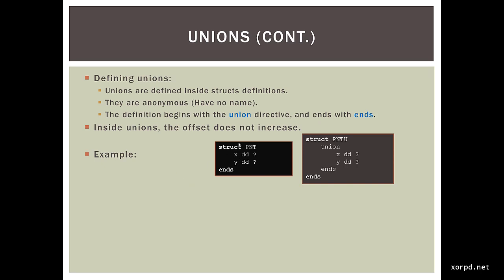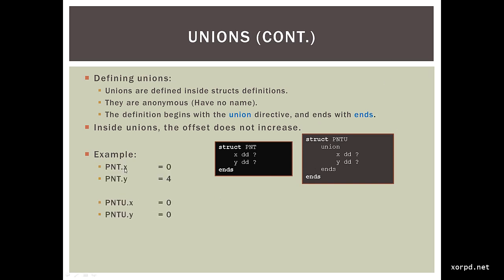As opposed to this definition, we have PNTU definition. Maybe you can think about this name as point union. And here we have also two fields, but they are inside the union, which means that they represent the same memory location. The size of this struct is going to be 2 DWORDs, which means 8 bytes. But the size of this struct is going to be 1 DWORD, or 4 bytes.